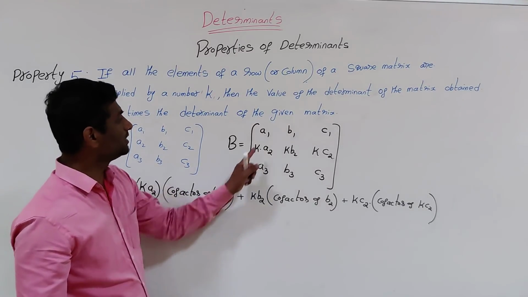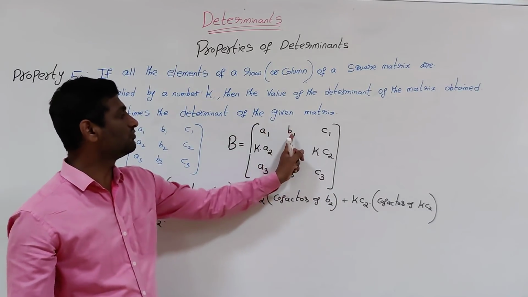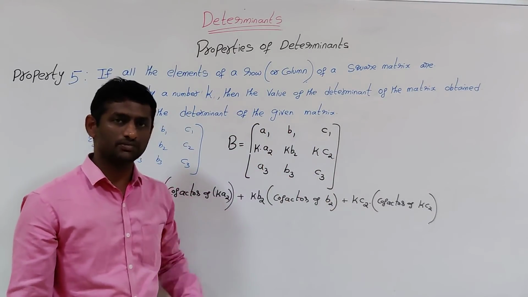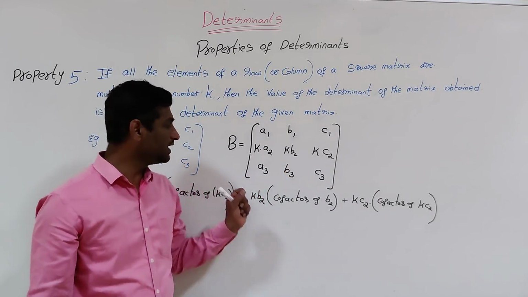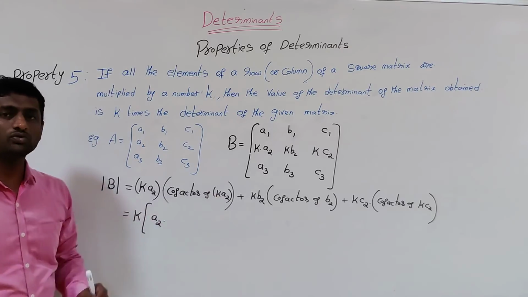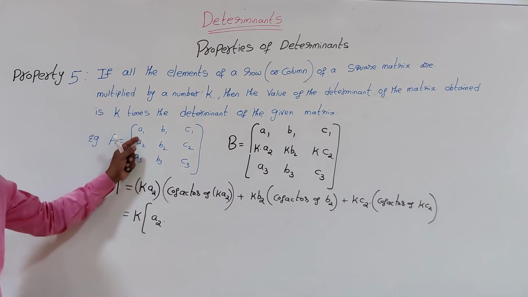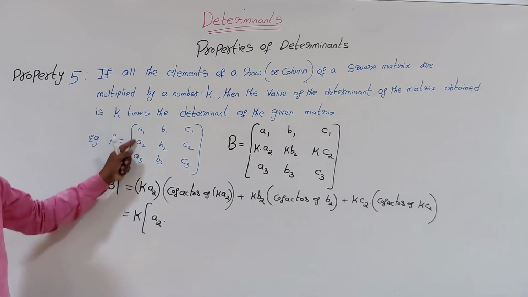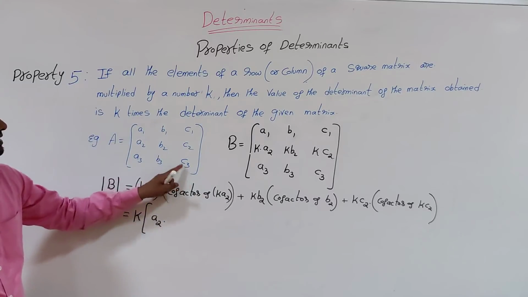Cofactor of A2 means after hiding the second row and first column, we will be left with B1, C1, B3, C3. Whatever value you get for that is the minor of KA2, which will be the same as the minor of A1 in the original. Using the second row, B1 C3 minus B3 C1.